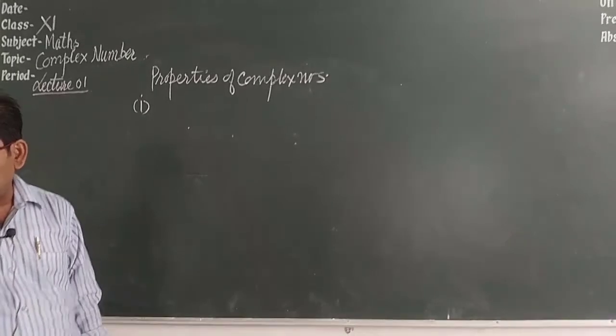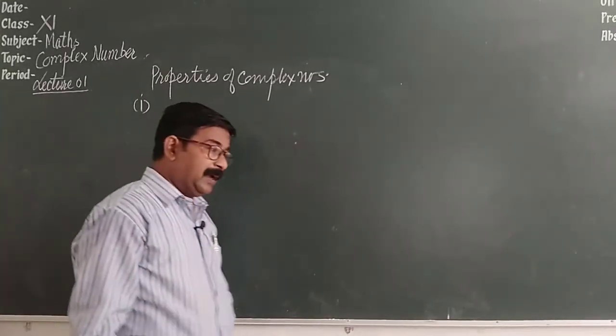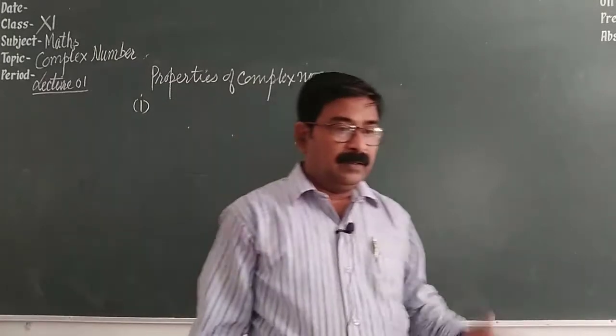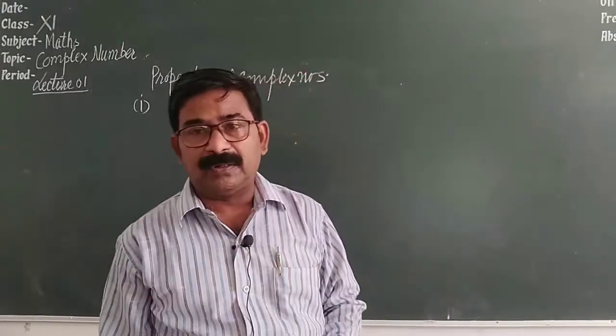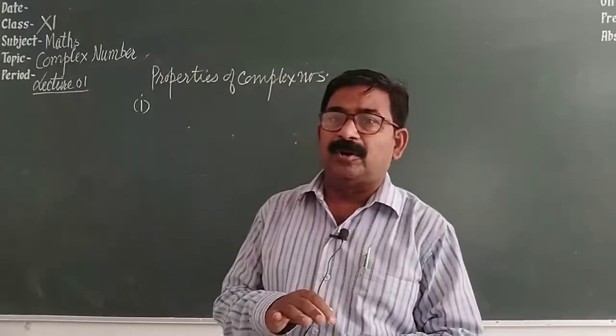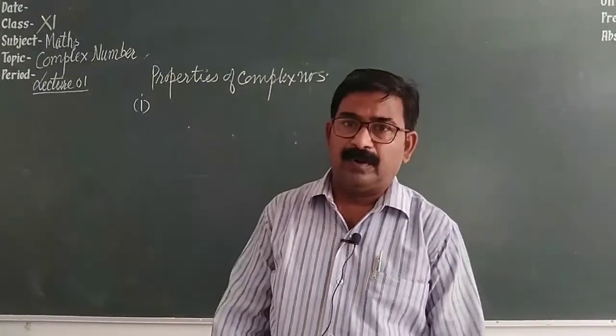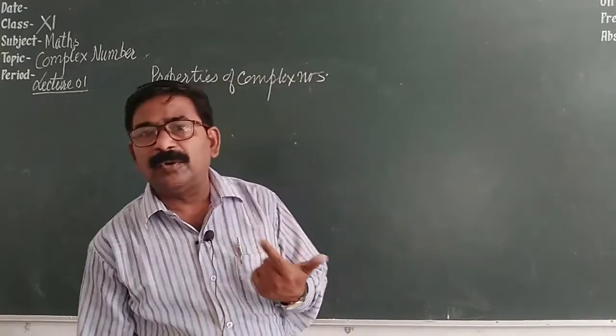Means if we have z1 and z2 two complex numbers, then z1 plus z2 or z2 plus z1 is same. Or you can say commutative property.